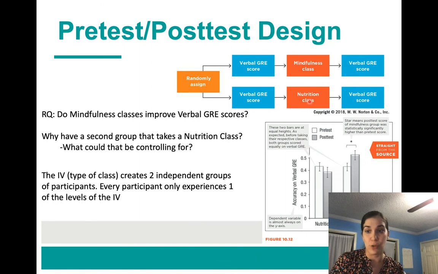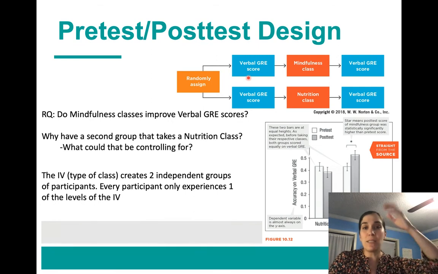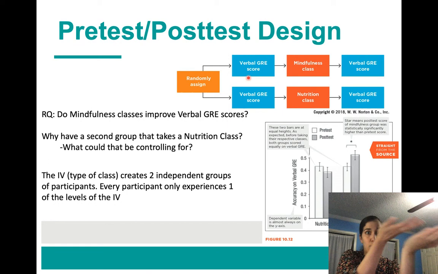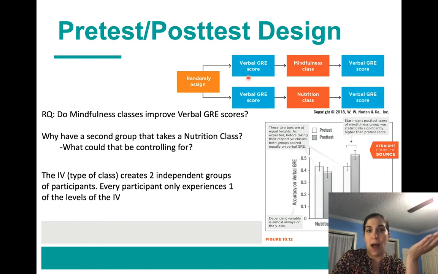that improves your score. And so what I do is I want to make sure that your verbal GREs in the beginning are whatever level they are, and I want to make sure I control for that after the class. So I give you the verbal GRE first. I give it to both groups. And then you either take part in the mindfulness class or the nutrition class.